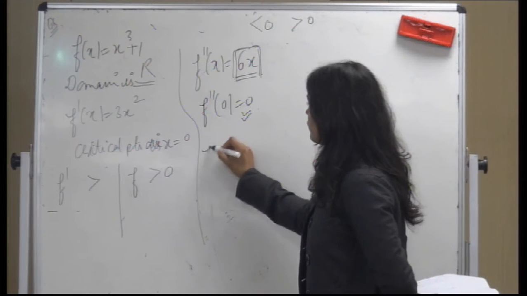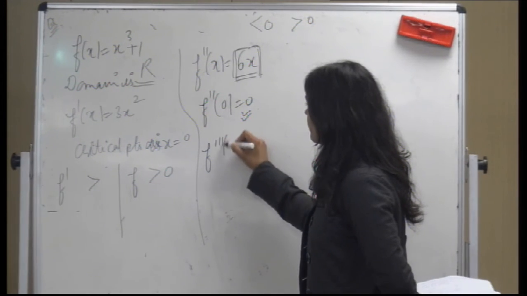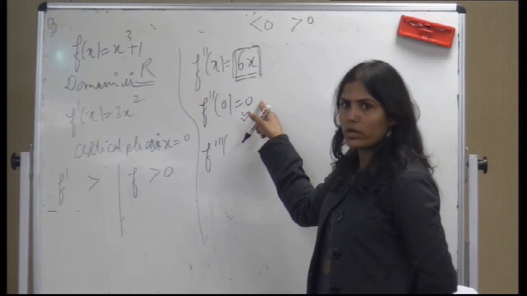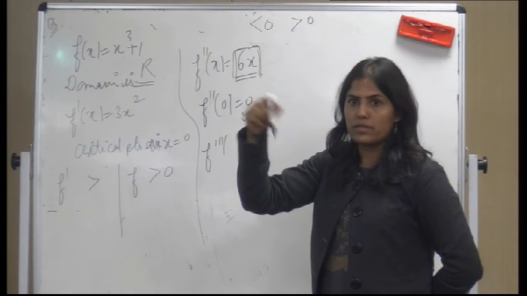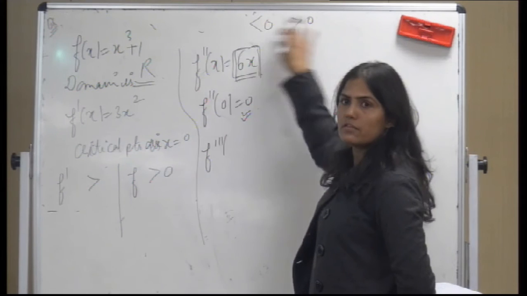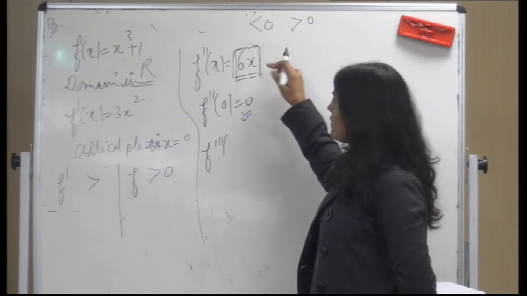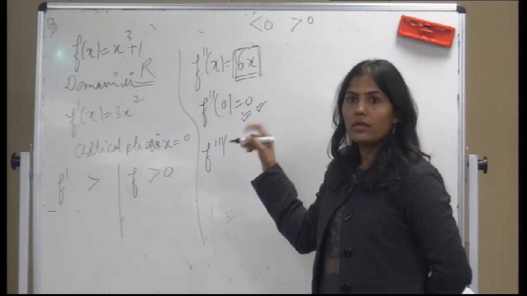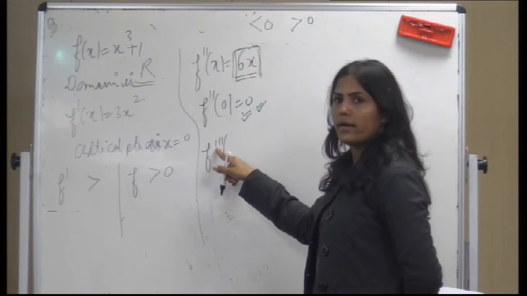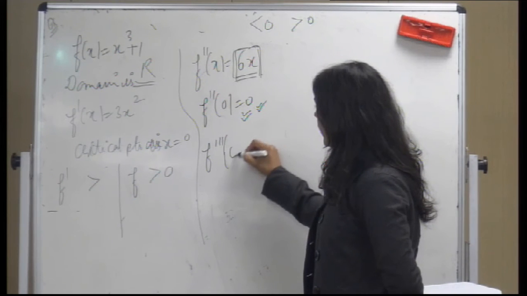But we can answer, now I think I should tell you what we will do, because the second derivative is 0 now. We can answer on the basis of the second derivative test only if these are the situations. But our situation is 0. We are getting the derivative 0. So what will we do? We will calculate the third derivative at the point 0.